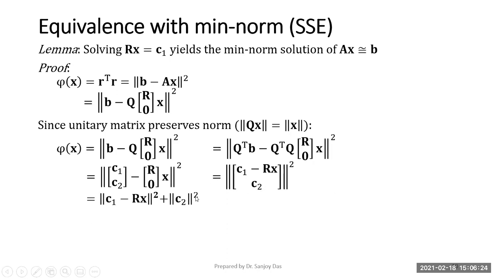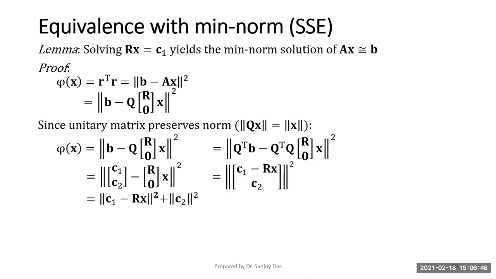So this is equal to the squared L2 norm of the upper block C1 minus Rx, plus the squared norm of the lower block C2. Okay, so this is my expression for this sum square error, phi of X, that I want to minimize.